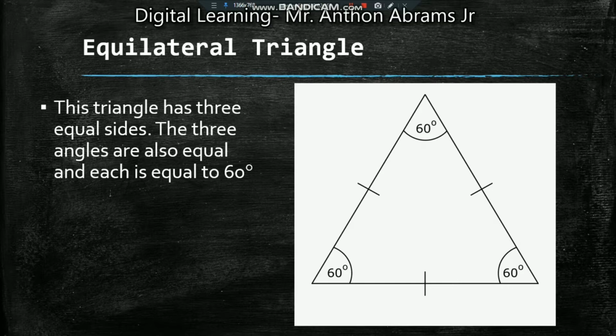We looked at that in our previous lesson: the sum of angles in a triangle is equal to 180 degrees. So for an equilateral triangle, all 3 angles are equal, and apart from the angles being equal, the sides are also equal.